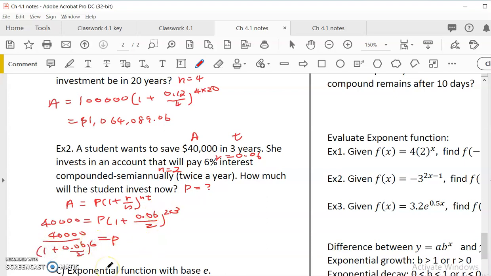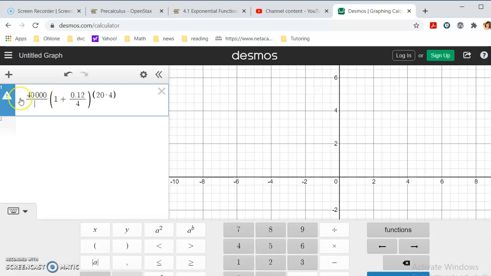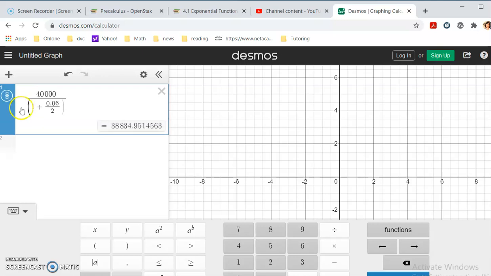So put it in the calculator. We can do 40,000. Instead of multiply, it is divide, right? So divide by 1 plus 0.06 divided by 2, right?